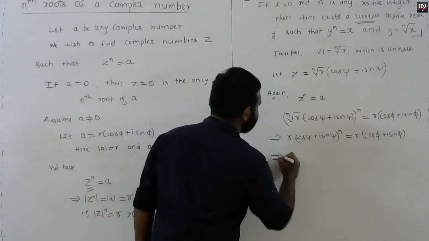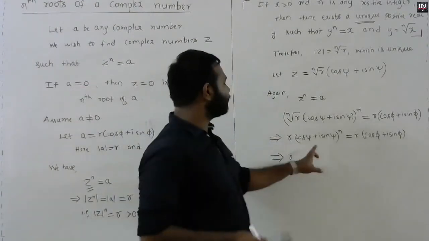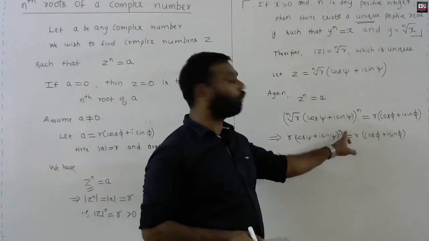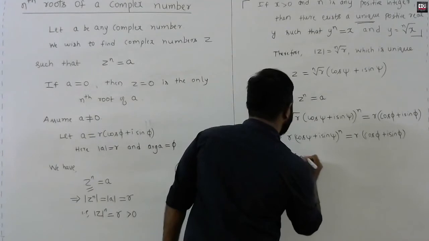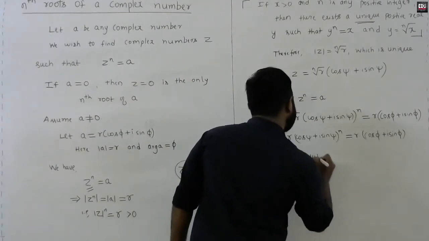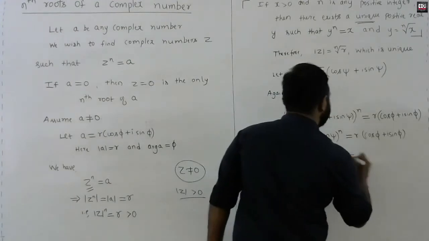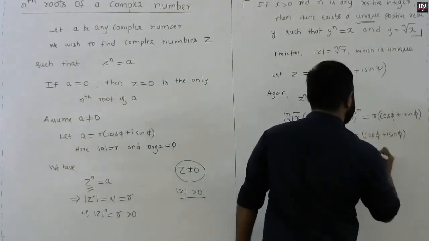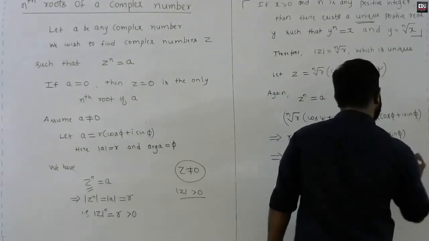So this implies R into cos psi plus I sin psi whole power N. So using De Moivre's formula, it is cos N psi plus I sin N psi equals R into cos phi plus I sin phi.